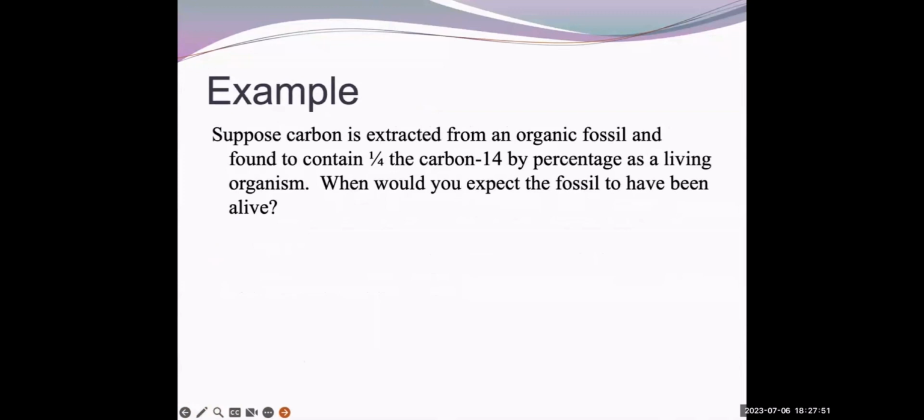And so this is the example. Based on the half-life we were talking about, suppose carbon is extracted from a fossil and it's found to contain a quarter of the carbon-14 by percentage as a living organism. When would you expect the fossil to have been alive?